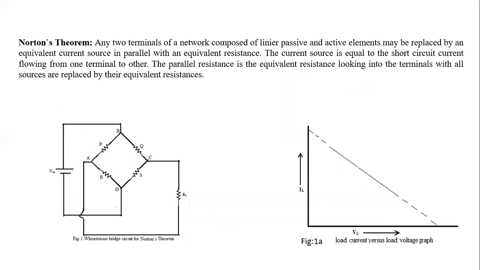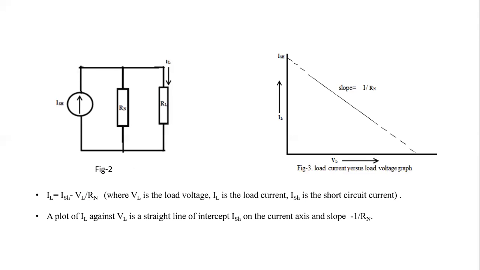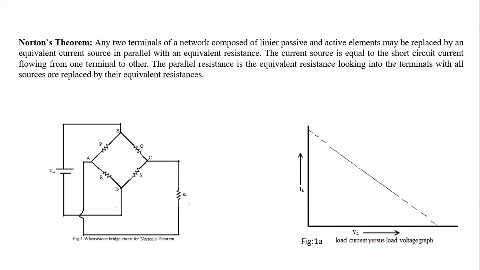Now Norton's theorem will be valid when this figure 1a and figure 3 are the same. Now we don't get figure 3, we'll get figure 1a. Figure 1a we have already got. How? We are varying RL, and with varying RL we are measuring VL and IL, and we are getting this graph. Now what we can do with this, we can short C and A, right, by some wire.